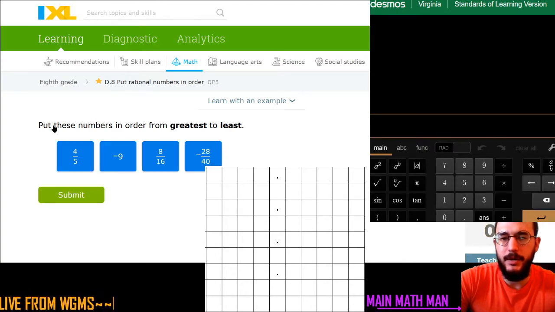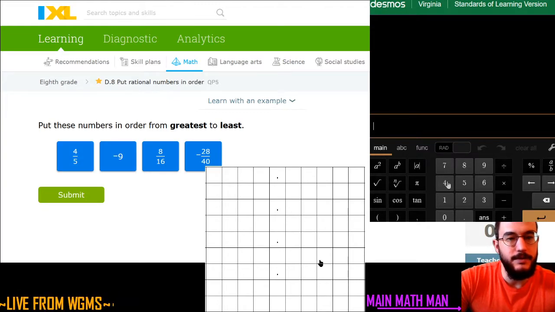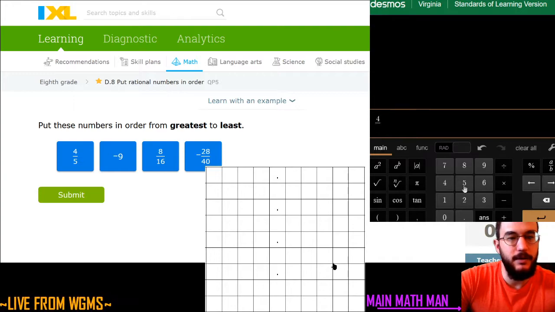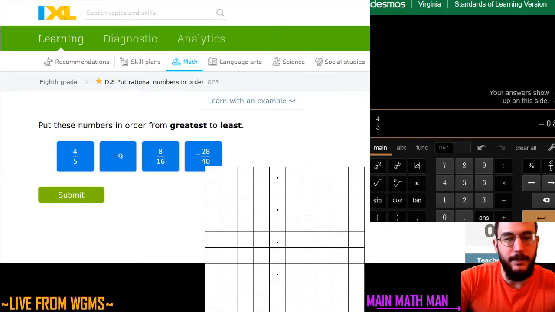First, it says put these numbers in order from greatest to least. And so that's descending order. So let me change these values to decimal form. I'm going to do 4 over 5. I can type it into my Desmos calculator, 4 over 5, and on the right side it comes up. I can hit enter to start a new line.